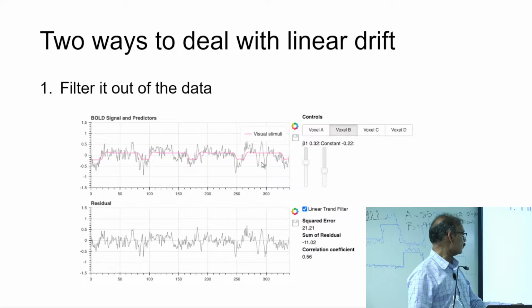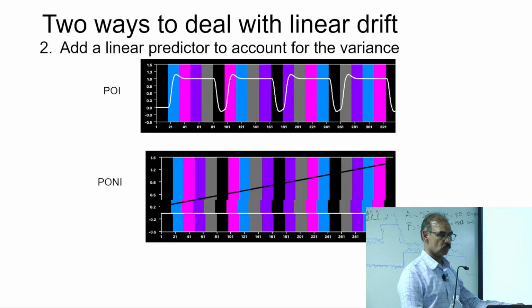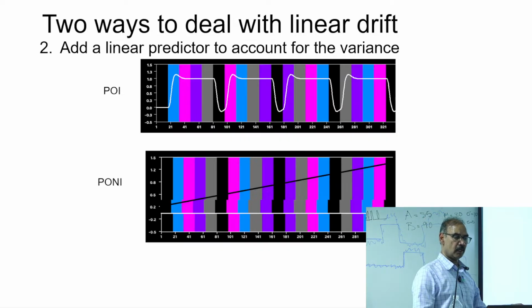So in this case, this is of interest, like predictor of interest, and this is predictor of no interest. So then in our GLM, this would be used for our beta estimation, while this would be used for noise regression. Okay.